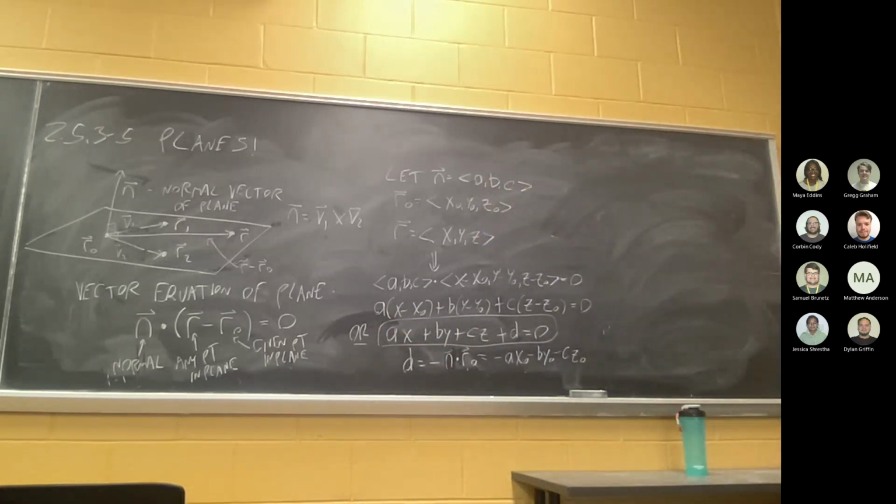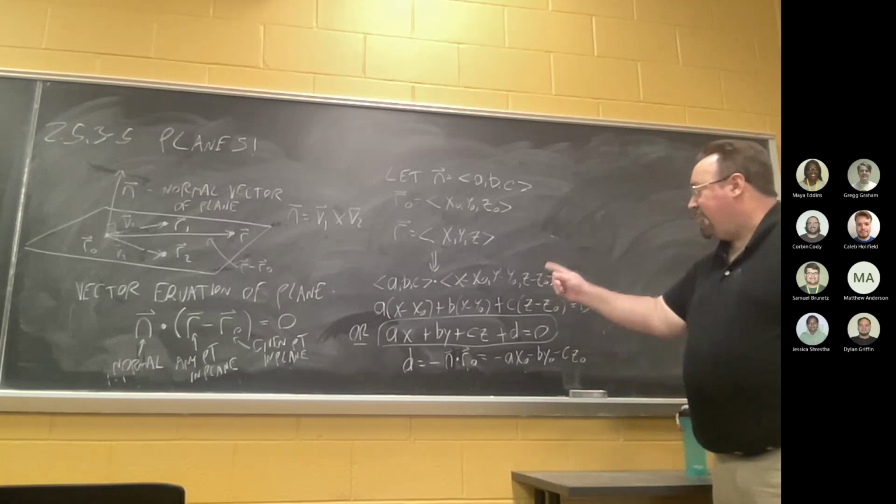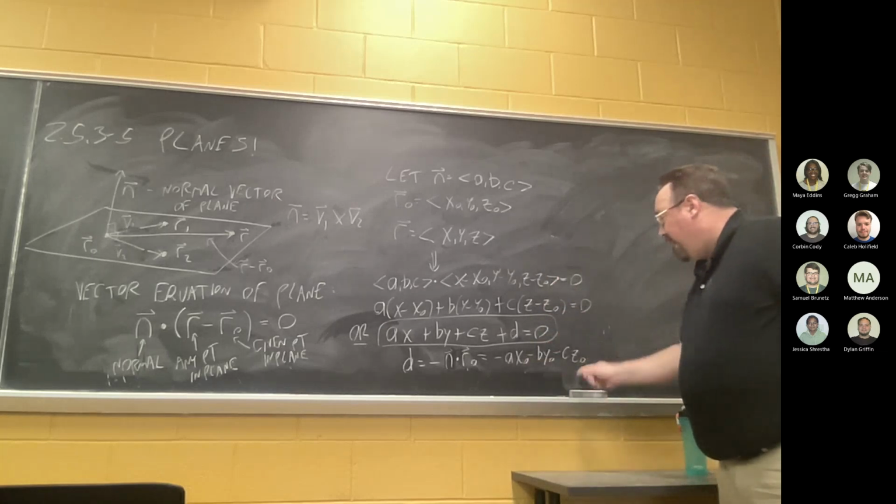Most often, like in homework problems and such, a plane will be described using an equation like this. But now we know what the coefficients in the equation mean. So a, b, and c are the components of your normal vector. D is minus the dot product of a normal vector with some point in the plane.